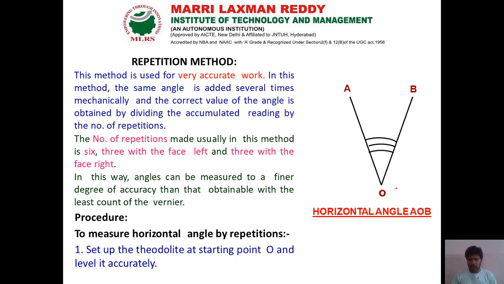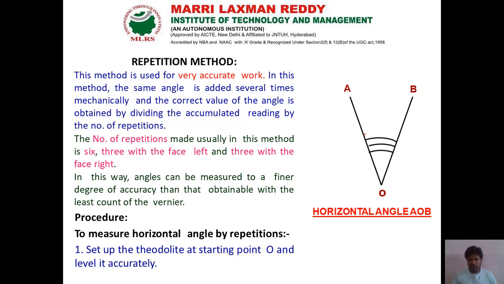Here this is the instrument station point, and points A and B are the objects. We need the angle between these two objects, which we are going to find out with the help of the repetition method.